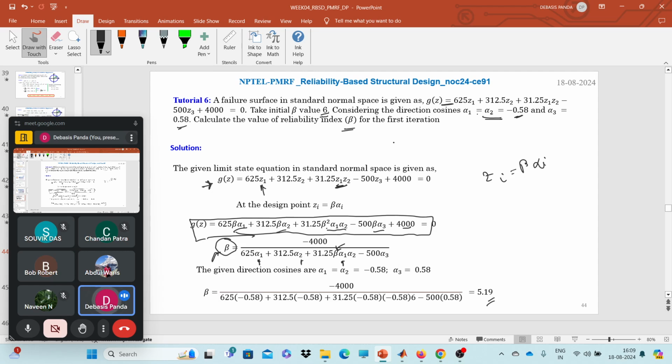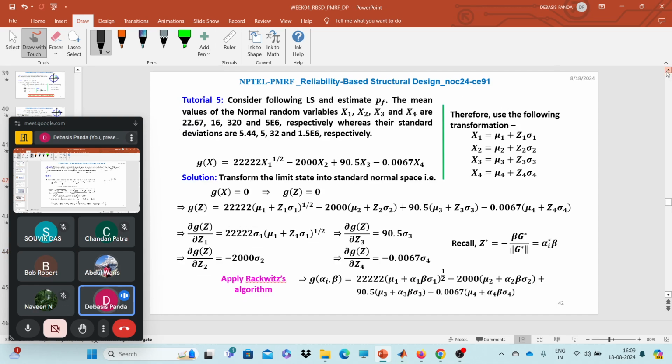You need to find the minimum value of beta, that means the minimum distance point corresponding to that beta. Got it? So for the first iteration they have said you need to solve it, but that may not be the case; you need to calculate until you get convergence.